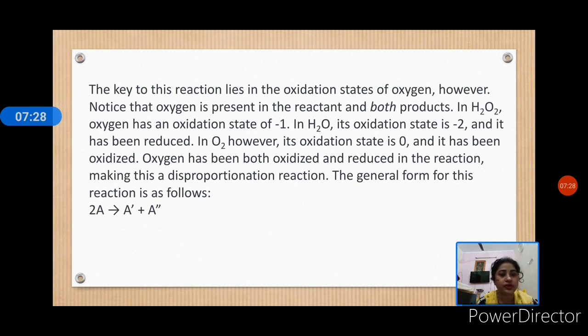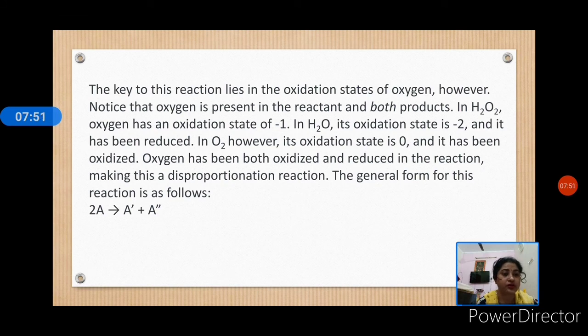However, notice that oxygen is present in the reactant and both products. In hydrogen peroxide, oxygen has an oxidation state of -1. This is the special case we learned when we were going through oxidation numbers. In peroxide, oxygen shows -1 oxidation state.